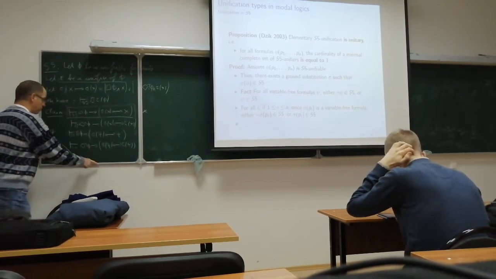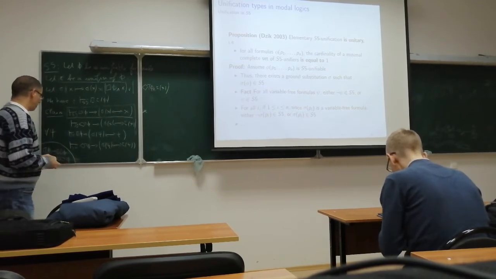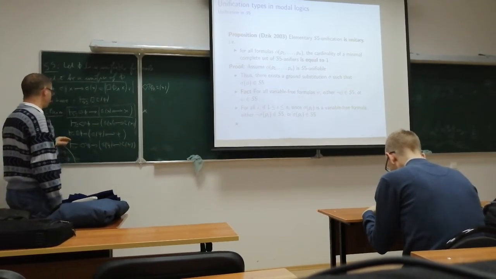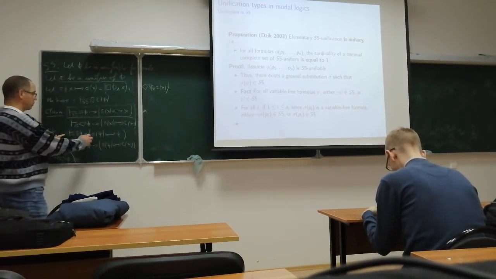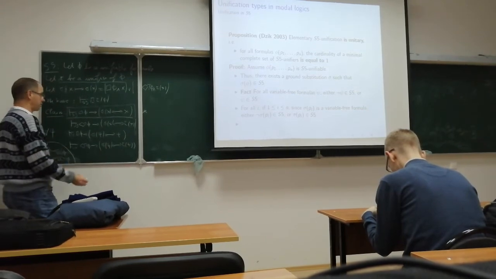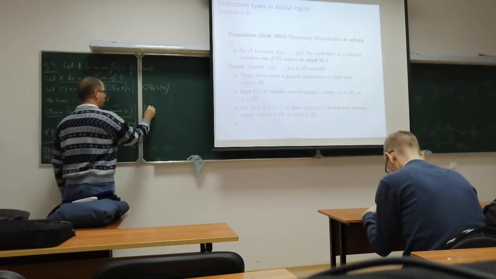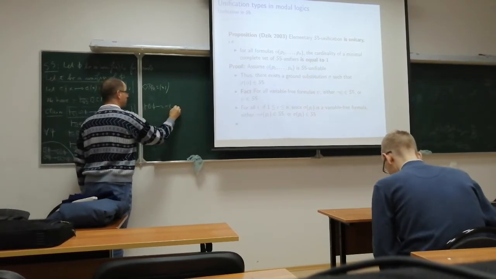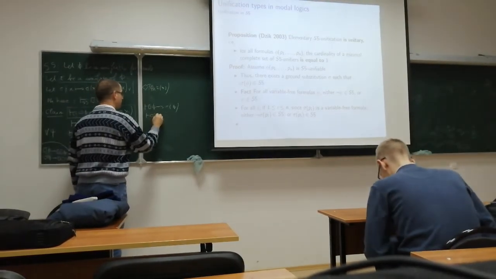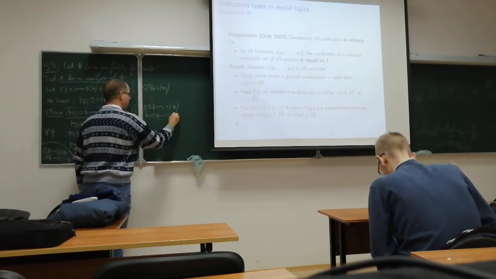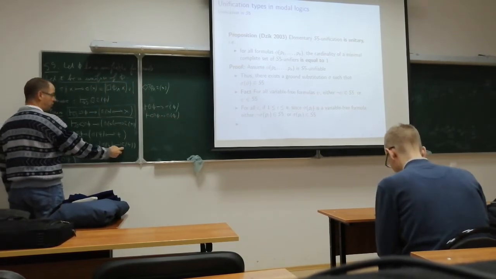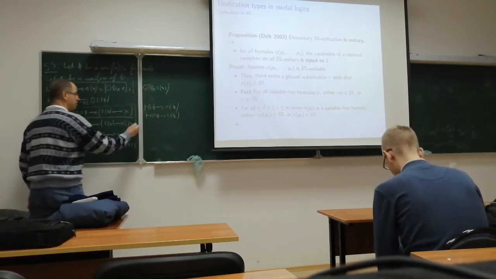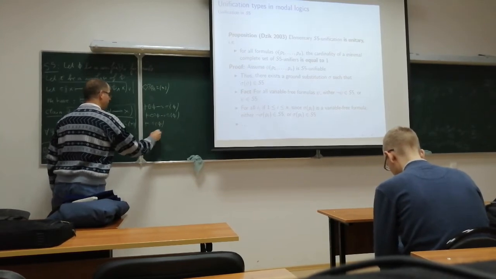Well, at least I don't know another simple proof. So we have this. And now, when we replace psi by phi, we have that box phi implies sigma phi, and diamond not phi implies sigma phi, because tau is a unifier of phi, and therefore that part disappears. And therefore sigma phi is derivable.